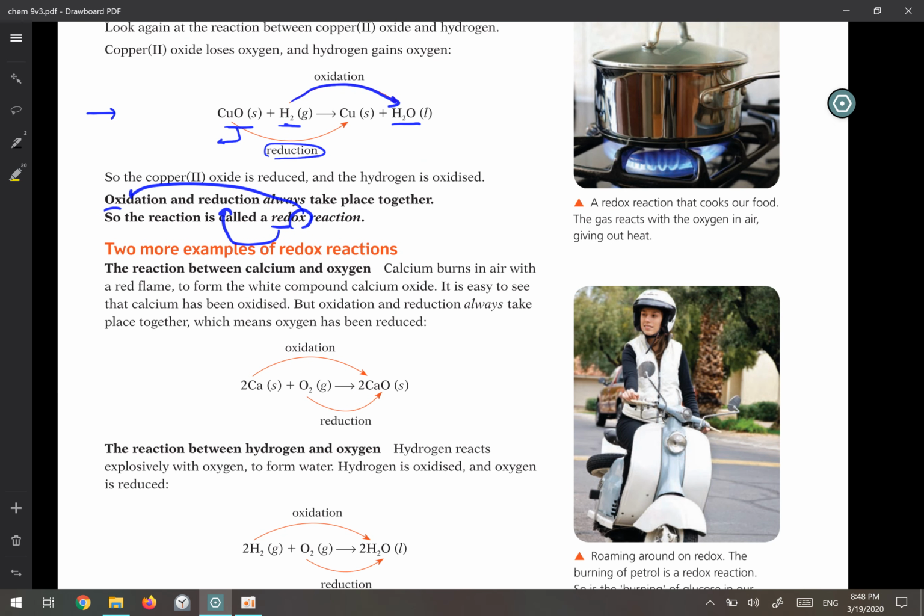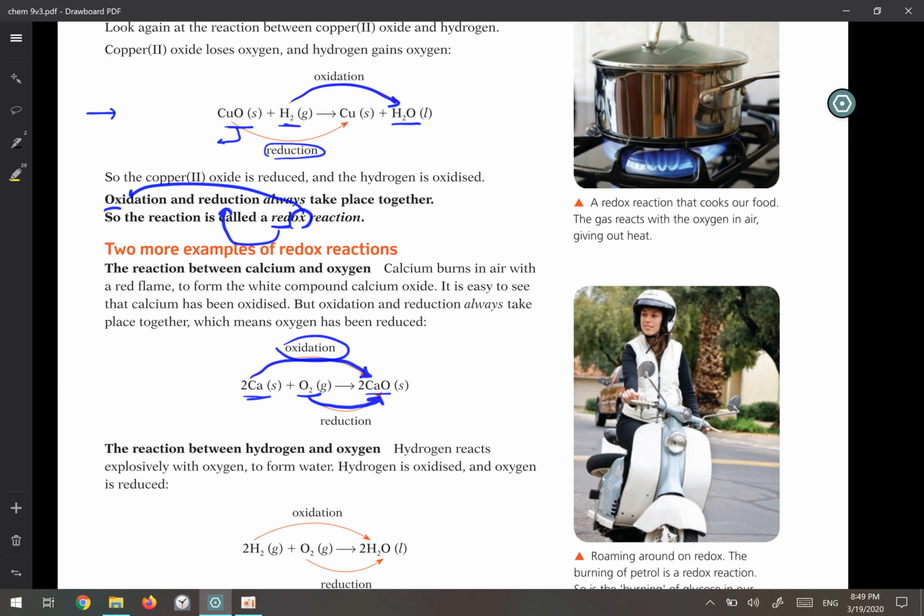Look here. The calcium reacts with the oxygen and becomes calcium oxide. So what happens to the calcium? Calcium has gained the oxygen. So the conversion of the calcium to calcium oxide is oxidation. And because we must always have oxidation and reduction together, converting O2 to CaO is reduction.